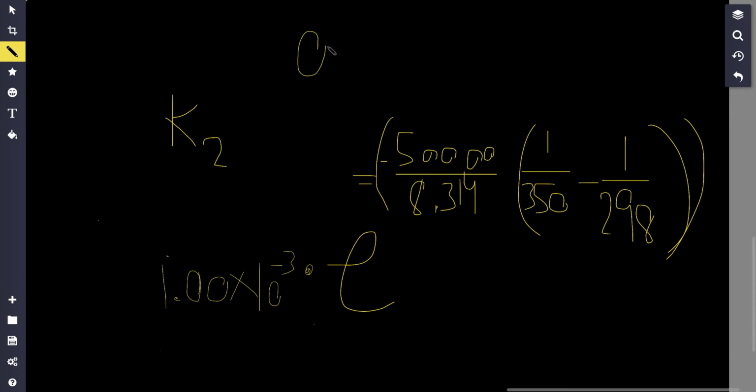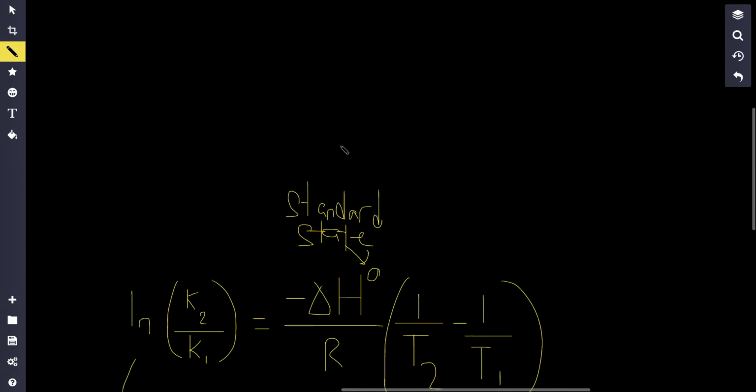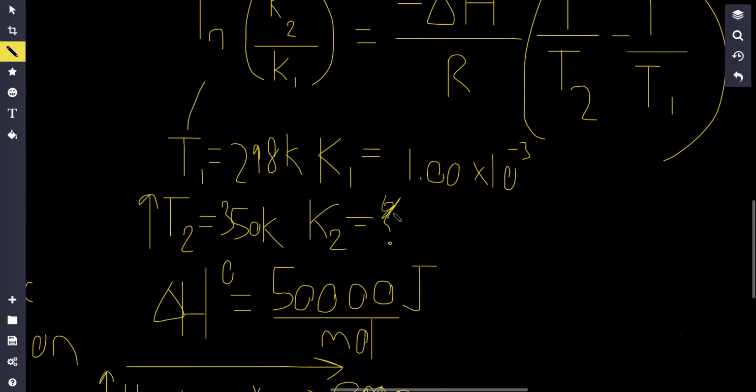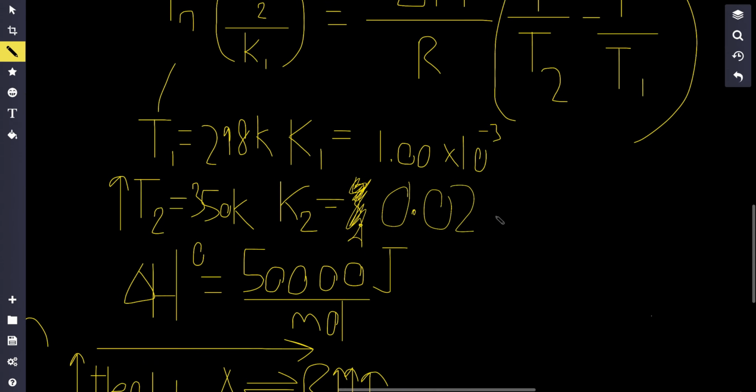All right, I put this in my calculator, and I got 0.02 as my answer for the new equilibrium constant. Going back here, I put 0.02. Actually, I should probably round to 3 sig figs because I started out with 3.